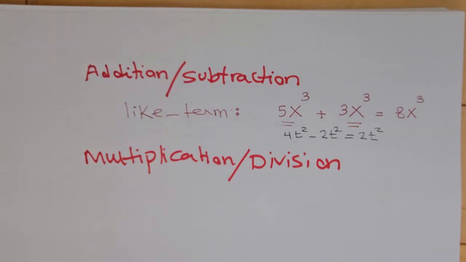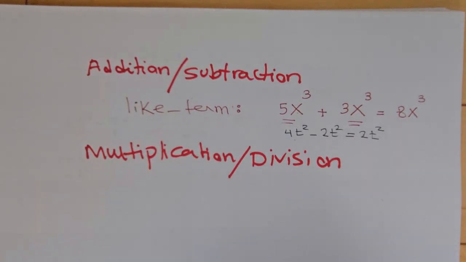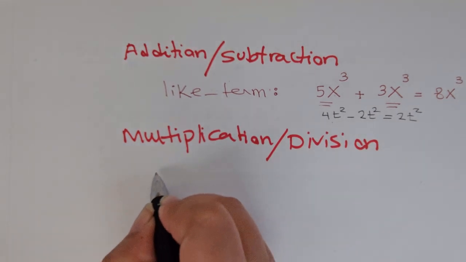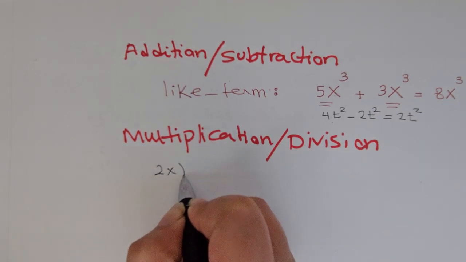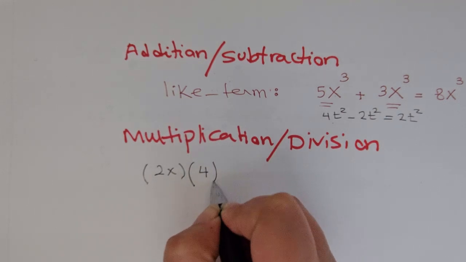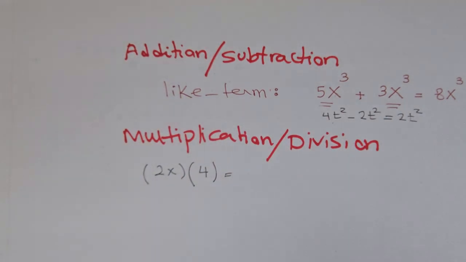Now that we discussed addition and subtraction and we did a couple of examples, let's talk about multiplication and division. These two are different from the top ones because here you don't need to identify the like terms. Okay, there is no need. So let's see how we can do multiplication. Let's say I have 2x, which is one term, multiplied by another term, which is a constant.